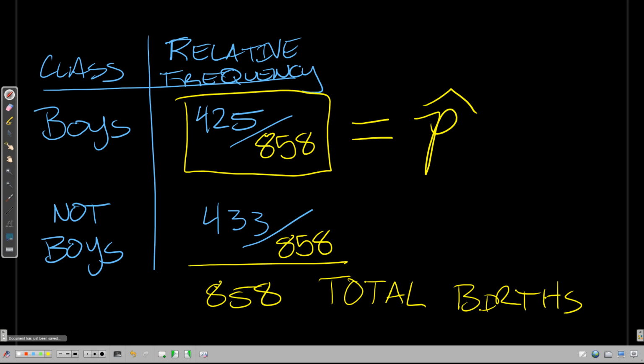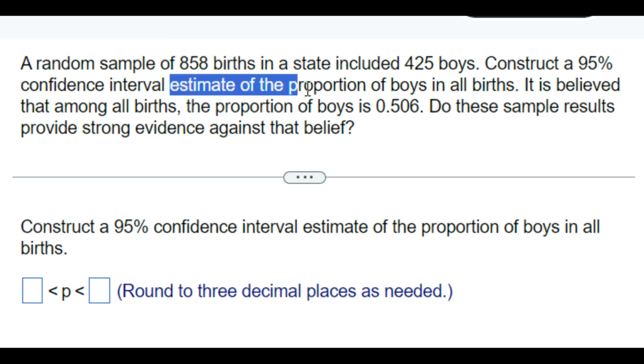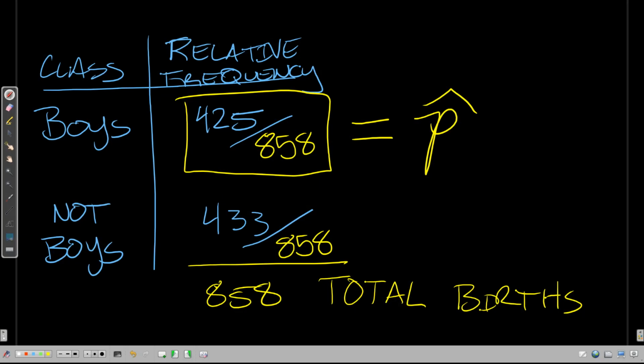Because the problem is having us try to make a confidence interval to estimate the proportion of boys. Estimate the proportion of boys. And so when I look at this relative frequency table, the proportion of boys is just the number of boys divided by the number of births.